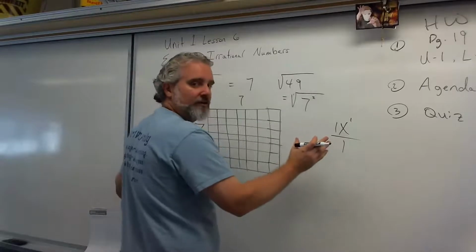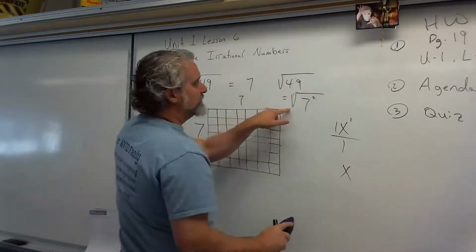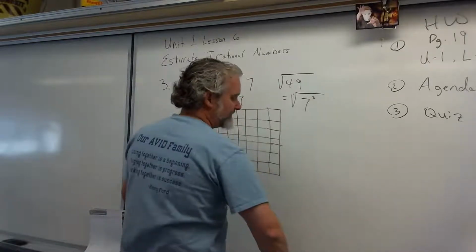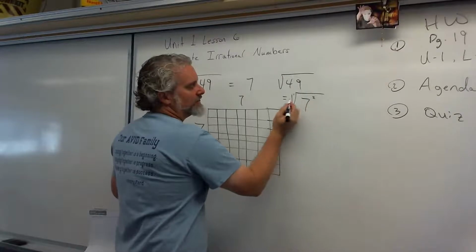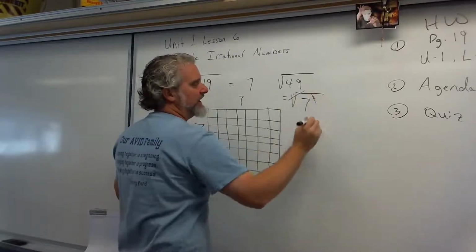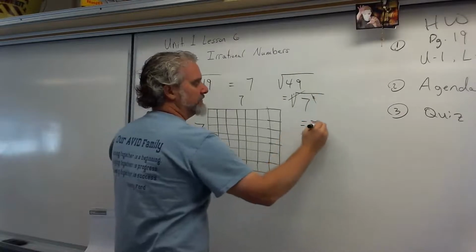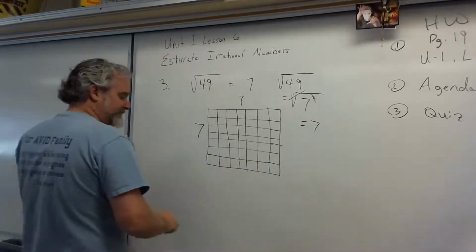So all those 1s are in existence, but we just write x. Same thing with this square root sign. It's a little 2 in here, but we don't need to write it. So with the square root of 7 squared, imagine those just canceling each other out and leaving you just 7. That's problem number 3. Problem number 4.